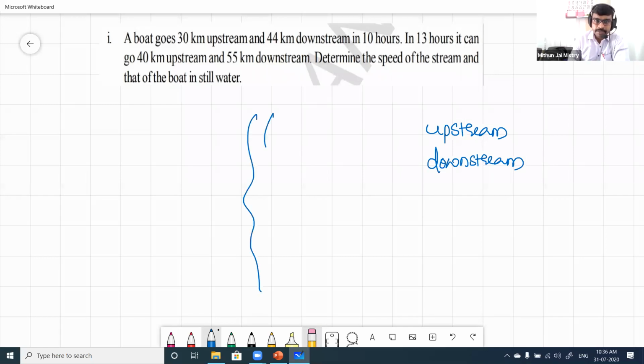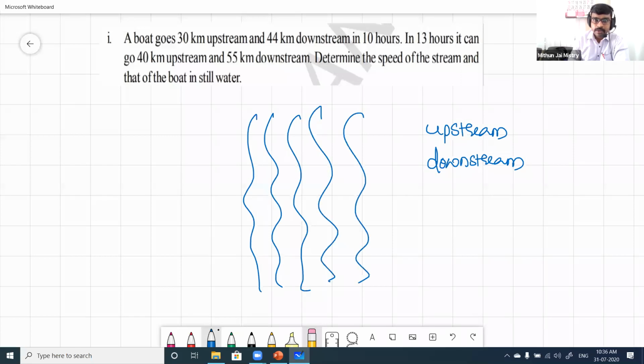If this is the flow of water, the water is flowing like this, right? This is the water flow. It is flowing in this direction, downwards. The water is flowing downwards, and now let me assume that this is a certain boat.